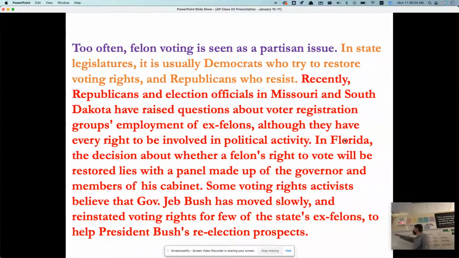And then this second half of the claim of fact, Republicans resist, is supported by fact after fact after fact. There's no citation for any of these facts. He's not pulling this from any resources, or maybe he is, but he's not saying that he is. And so this would be an argument of fact.